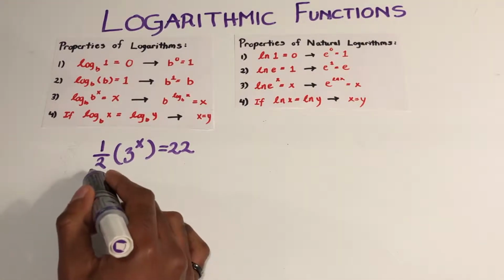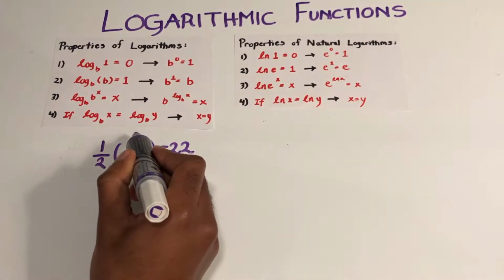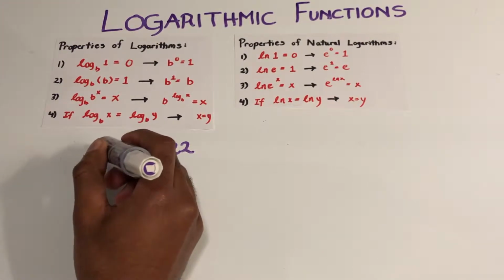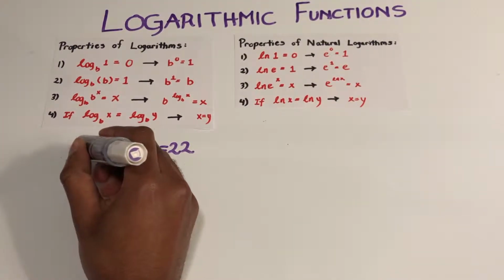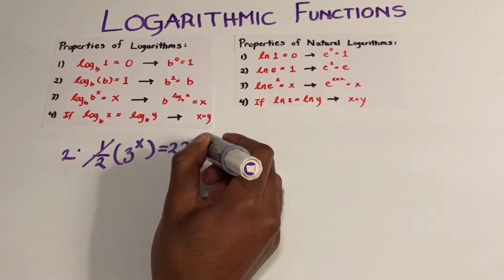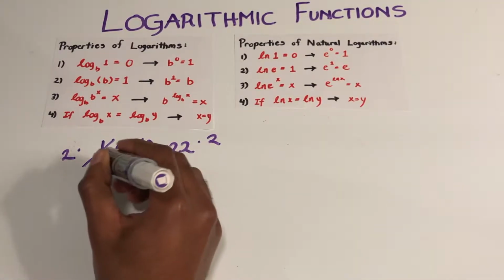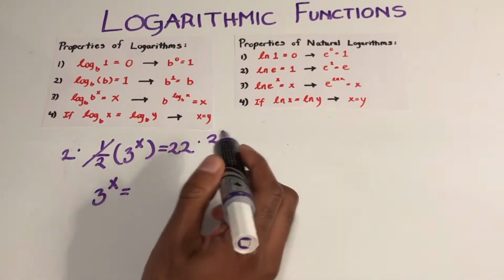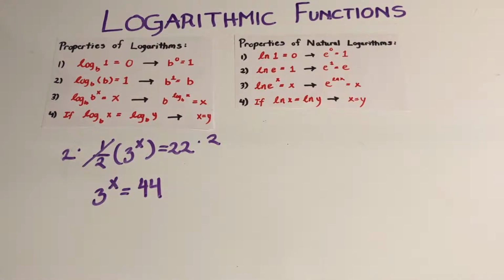Now, since I can't multiply half by 3 to the power of x, just because I don't know what the value of the power is here, we can get rid of the half on this side by multiplying it by 2. And then we have to multiply it here by 2 as well. We're going to end up with 3 to the power of x on the left side. Then we're going to end up with 44 on the right side.